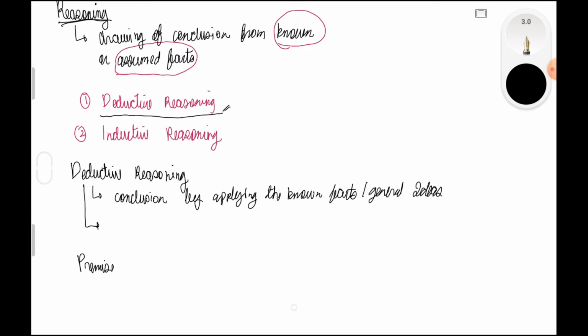so balik lang ako dito sa deductive reasoning natin. So deductive reasoning is meant to demonstrate that the conclusion is true based on the logic of the premises. So premise, conclusion is true based on the logic of premises.